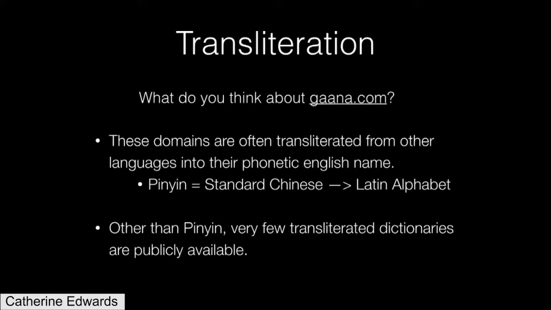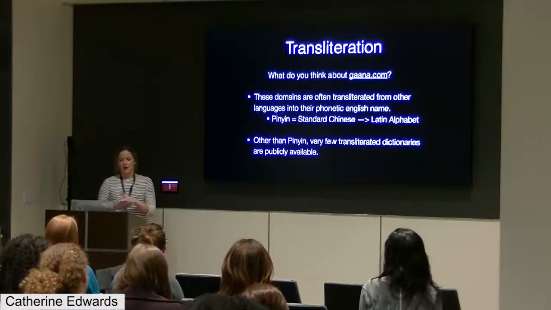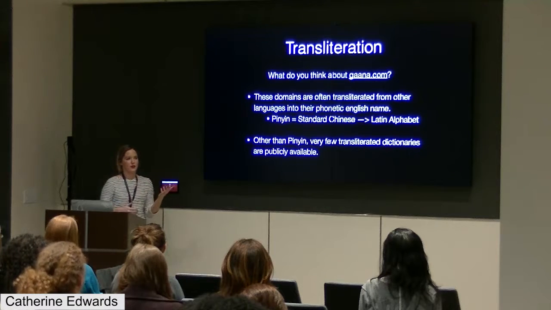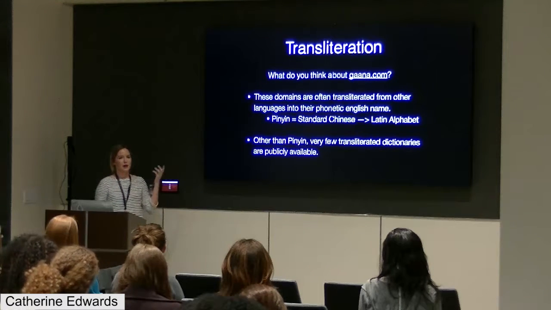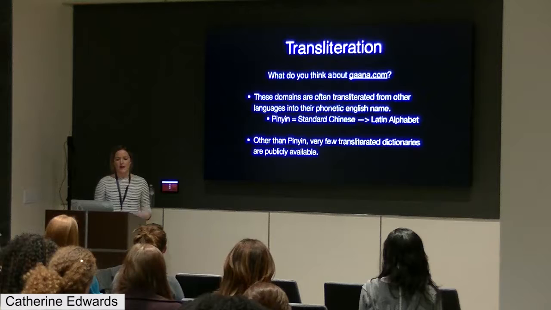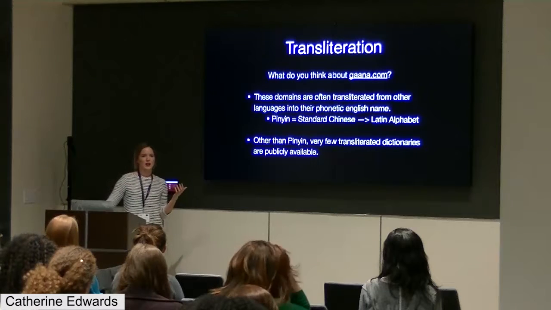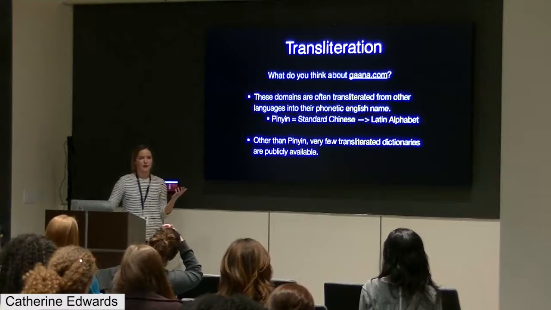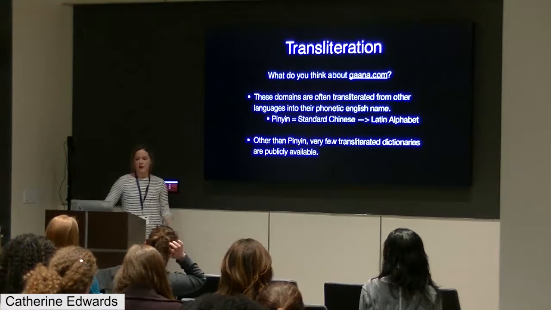But the main issue here is that there aren't a lot of dictionaries for these other languages. Pinyin is one of the only publicly available ones, which is standard Chinese translated into the Latin alphabet. So we have Pinyin, but we don't really have any other dictionaries publicly available for different languages.